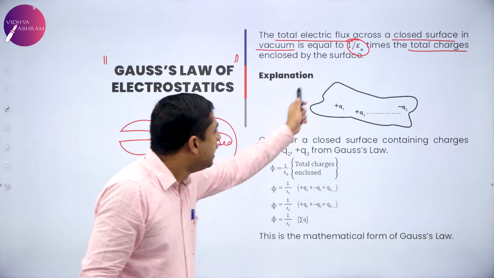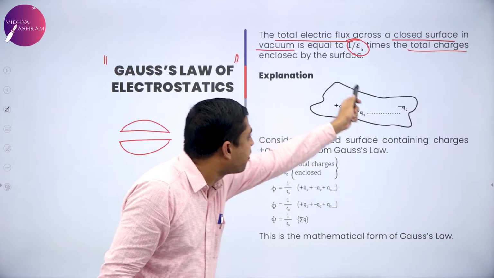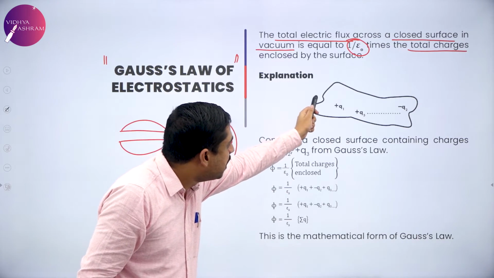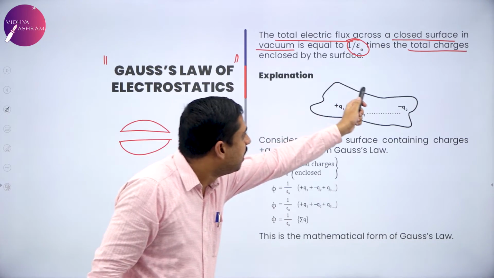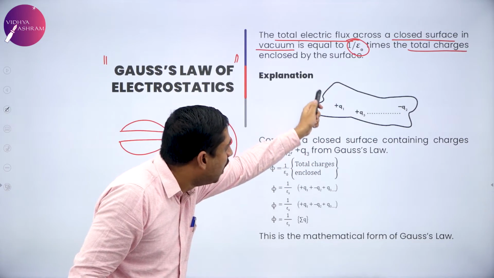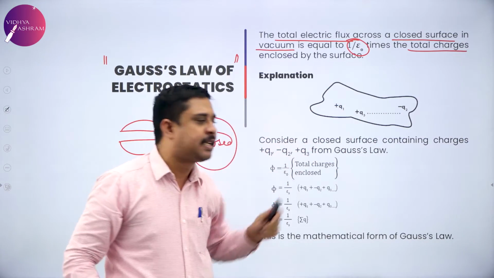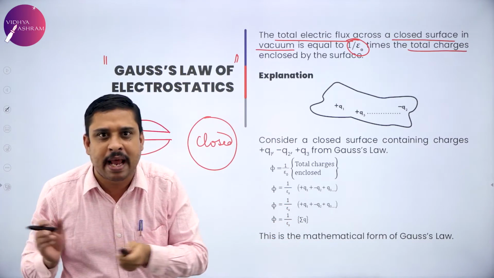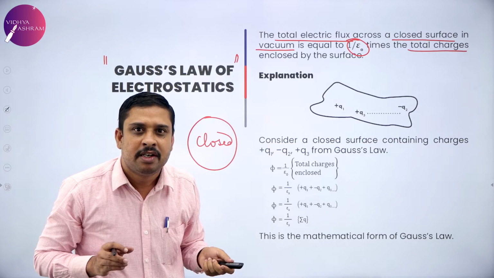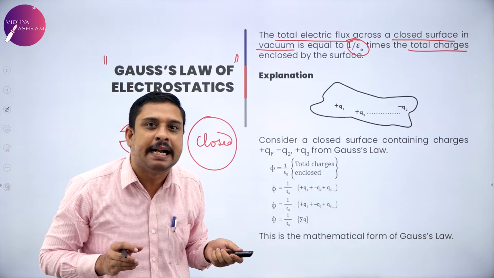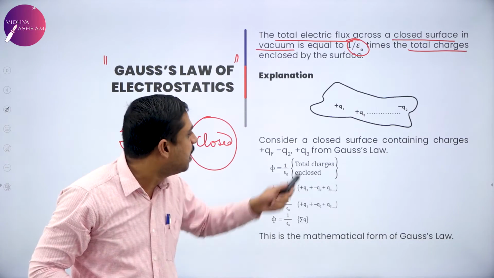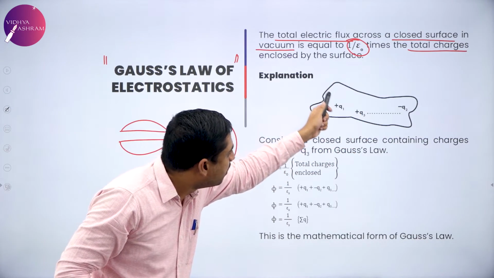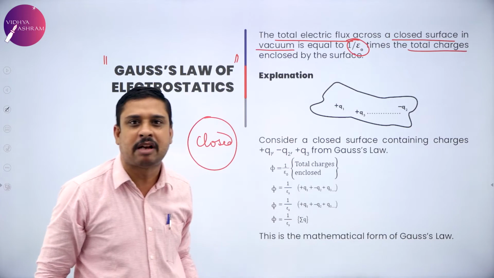Now, this is a closed surface which contains charges plus Q1, minus Q2, plus Q3, etc. Charges can be positive as well as negative. So the surface contains charges plus Q1, minus Q2, plus Q3, etc.